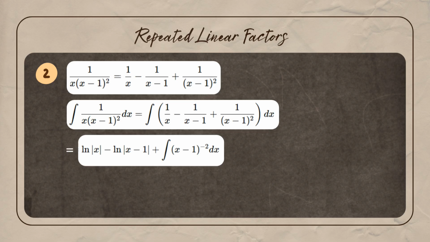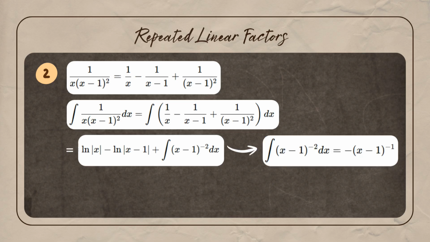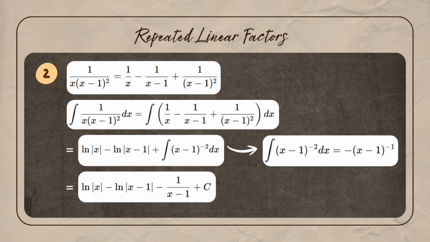Now we only need to calculate the second integral, which becomes minus (x minus 1) to the power of minus 1. And after this, the final answer will become ln|x| minus ln|x minus 1| minus 1 over (x minus 1) plus c.